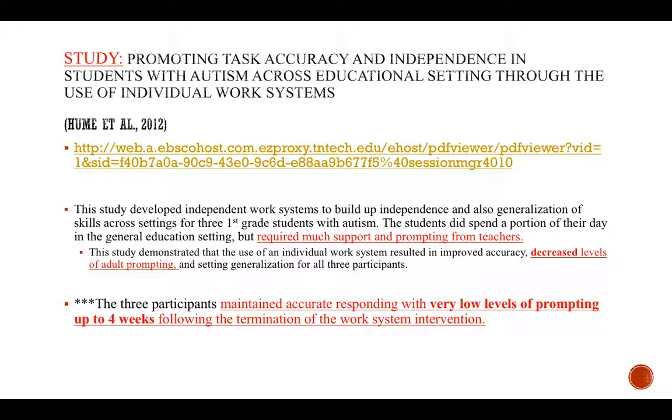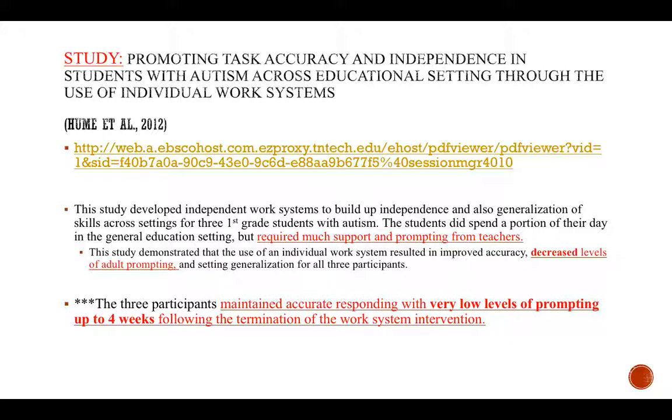It demonstrated that the use of the individual work systems resulted in improved accuracy academically, decreased levels of adult prompting, and setting generalization for all 3 participants. They all had a pretty significant gain with their academics, decreased levels of prompting, and just being able to generalize across settings when using the independent work systems.